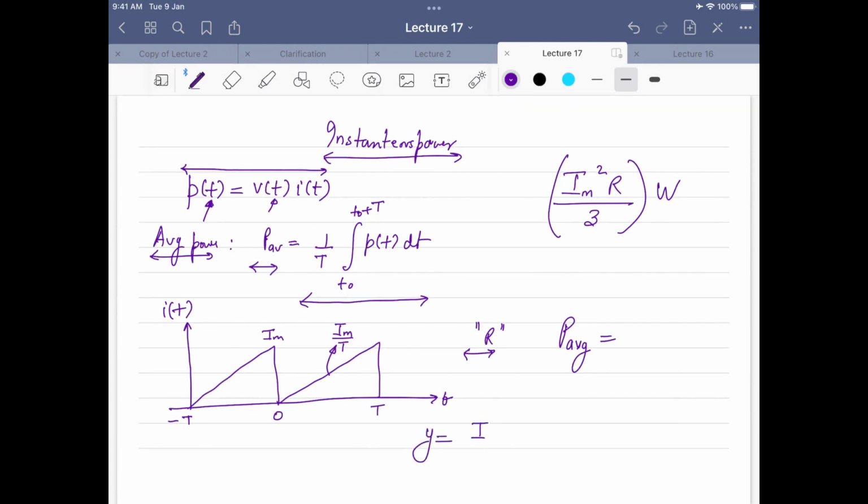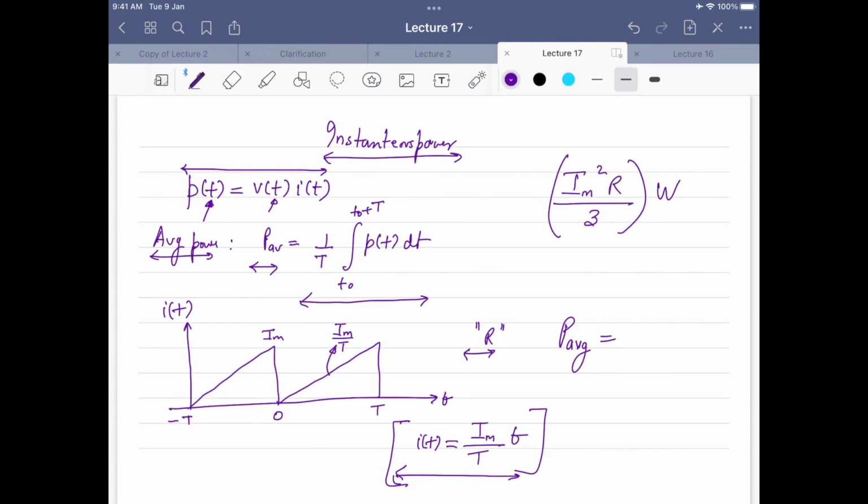So it is this. Everybody is comfortable with this? If anyone has any doubts, you can ask, but it's very simple. You have to write the equation of the line and get this answer.